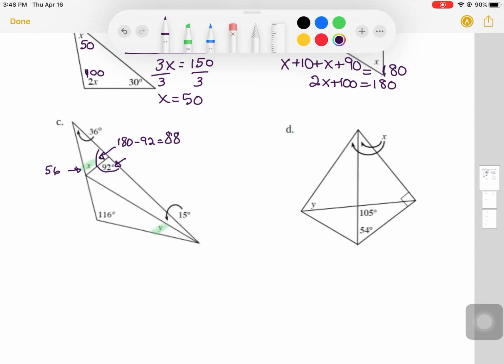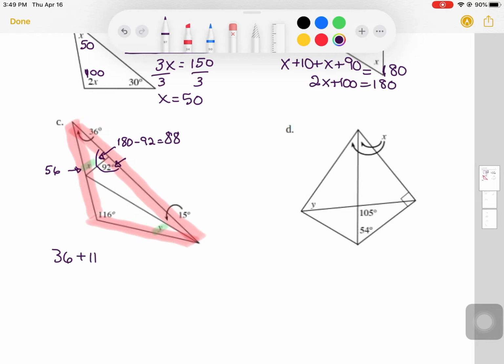Once you have the 56, now we're going to move on to find y. This is a little trickier to see. y is part of this big red triangle here.